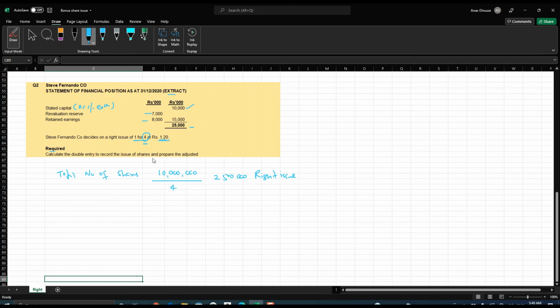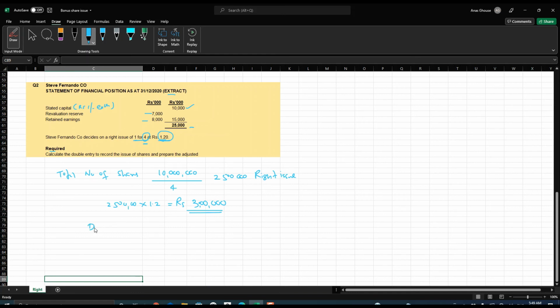So at which price are the rights issued? At 1.2. So 2,500,000 times 1.2, so that will be how much? Rupees 3 million. Okay, this is 3 million. So this is the total value of the rights issue.